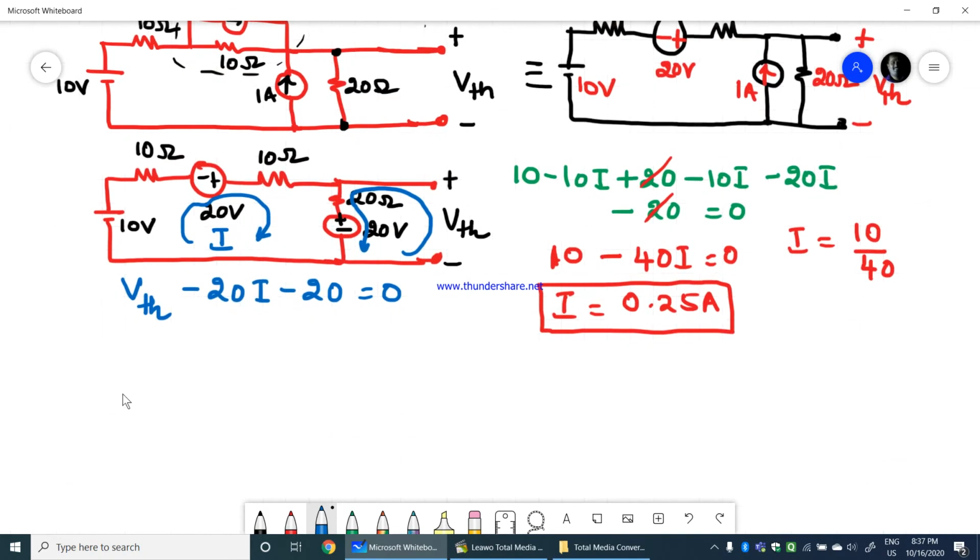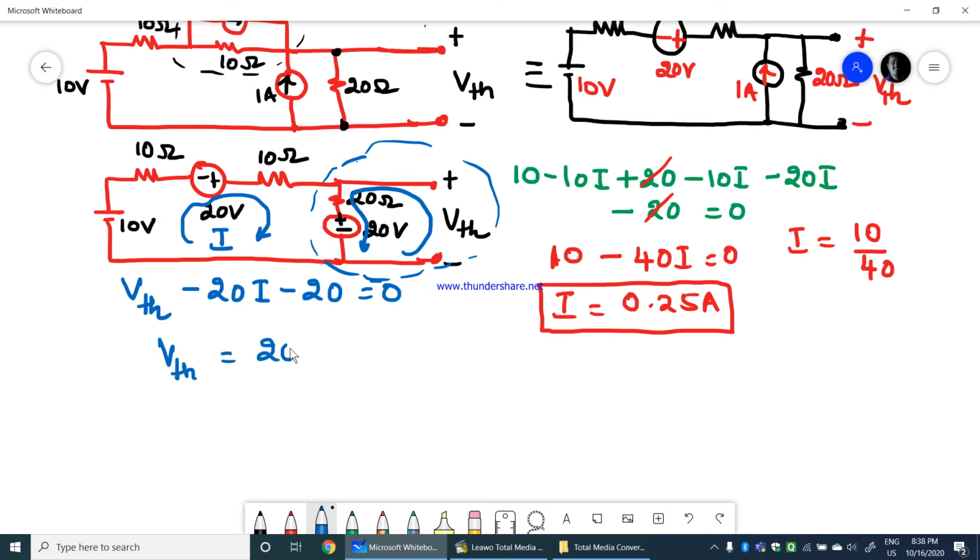I'm just writing the KVL equation for this loop according to VTH. It is plus VTH minus 20I, because this current is also flowing in the same direction. Therefore VTH minus 20I minus 20 equals 0.